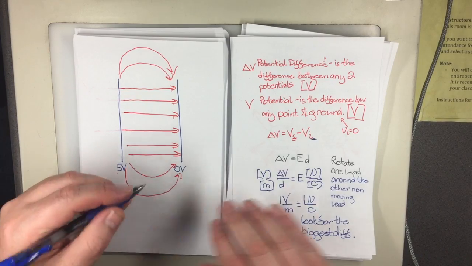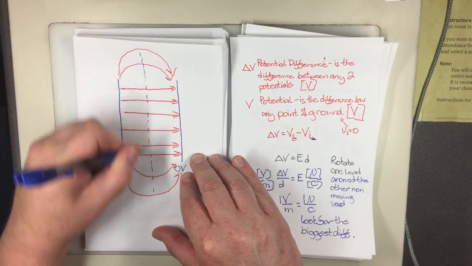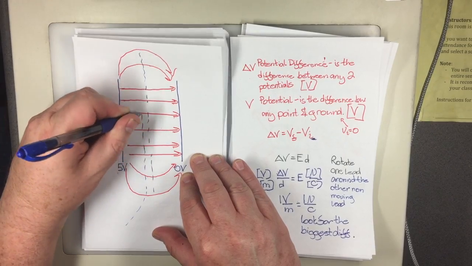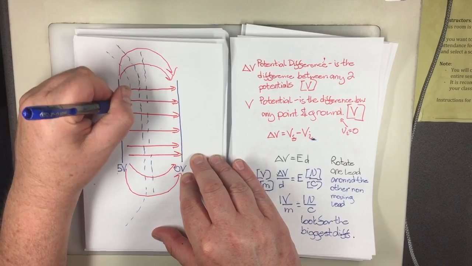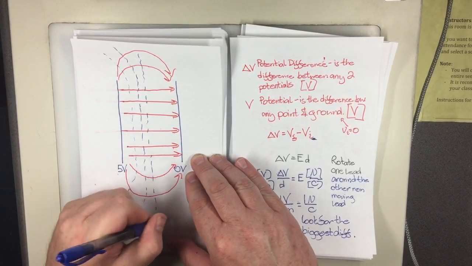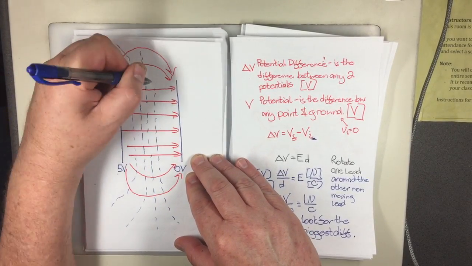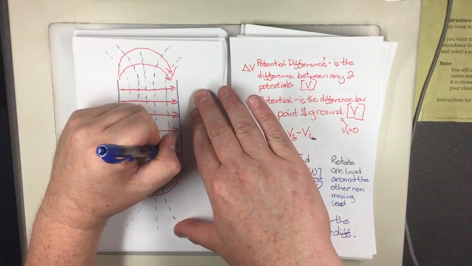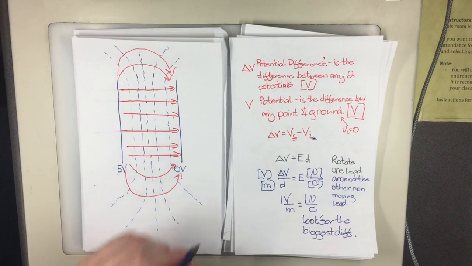And then what you see is that the equipotential lines do something like this.